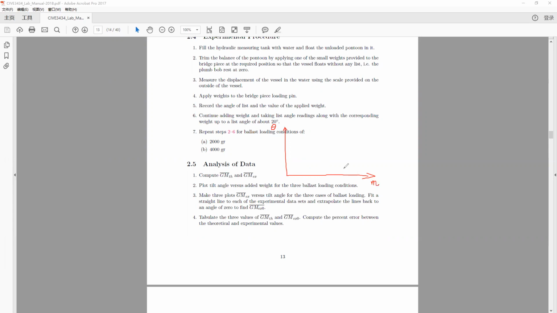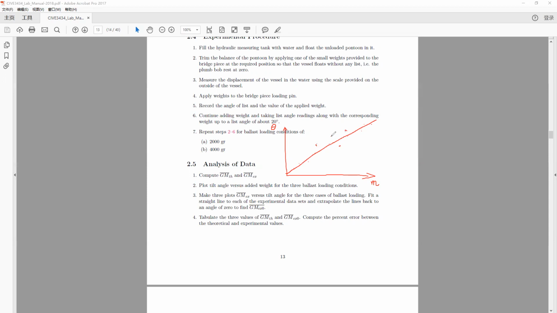Basically, I would expect something linear, and you can extrapolate. It would be a line like that, because the more weight you put on the side of the vessel, the bigger the listing angle gets.